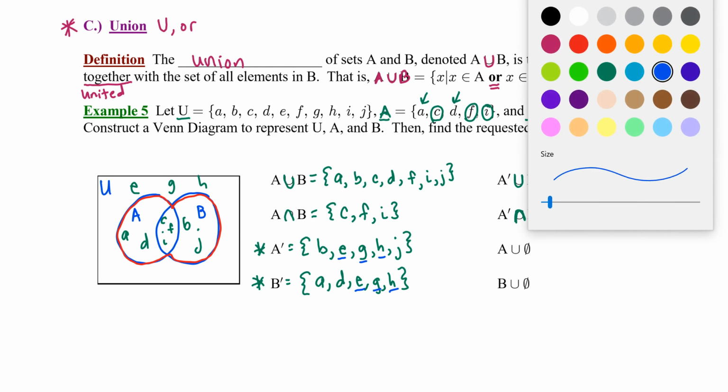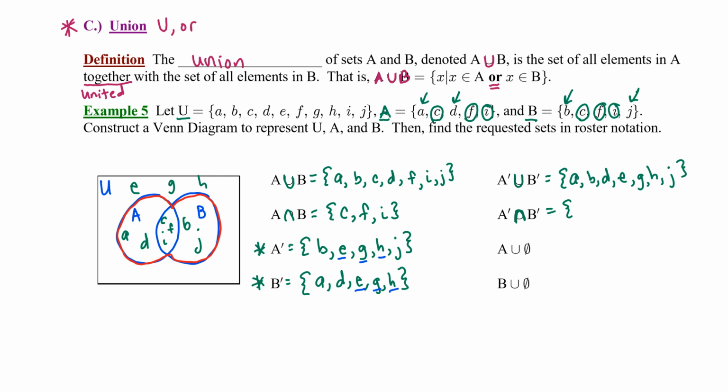It looks like we have three elements in common, E, G, and H. So for union, we put everything together in both sets. Think unite the two sets. For intersection, I'm looking for what elements those two sets have in common and listing just those elements.